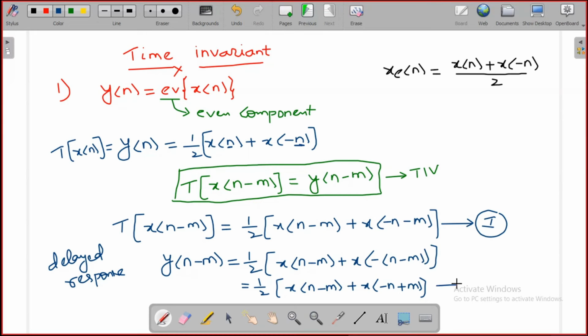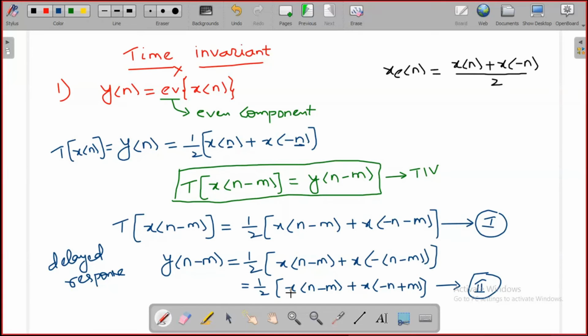Now compare equation 1 and 2. Equation 1 is 1 by 2 x of n minus m plus x of minus n minus m. But equation 2, the delayed response, is 1 by 2 x of n minus m plus x of minus n plus m. So these two are different. Equation 1 is not equal to equation 2.